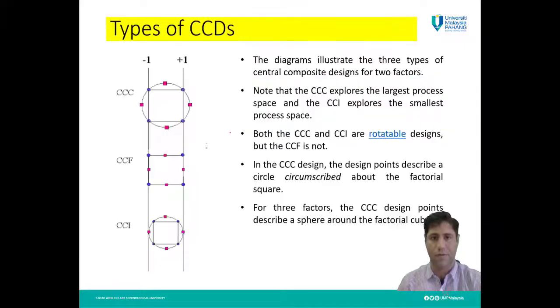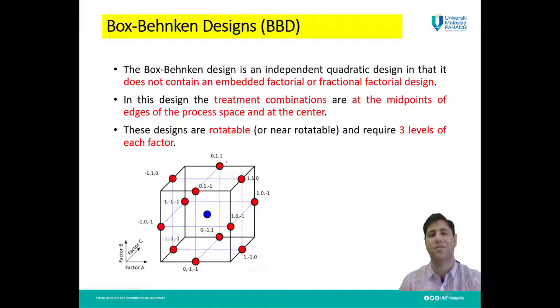So, up to here is the information about CCD design. Now let's start with BBD design. How is the Box-Behnken design? In this design, the difference with the CCD design is that we do not consider levels outside of the levels which we have for the factorial design.